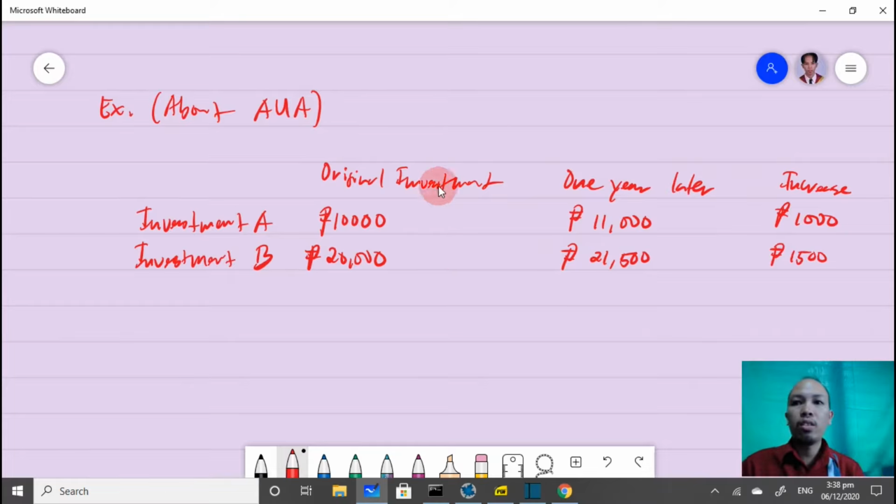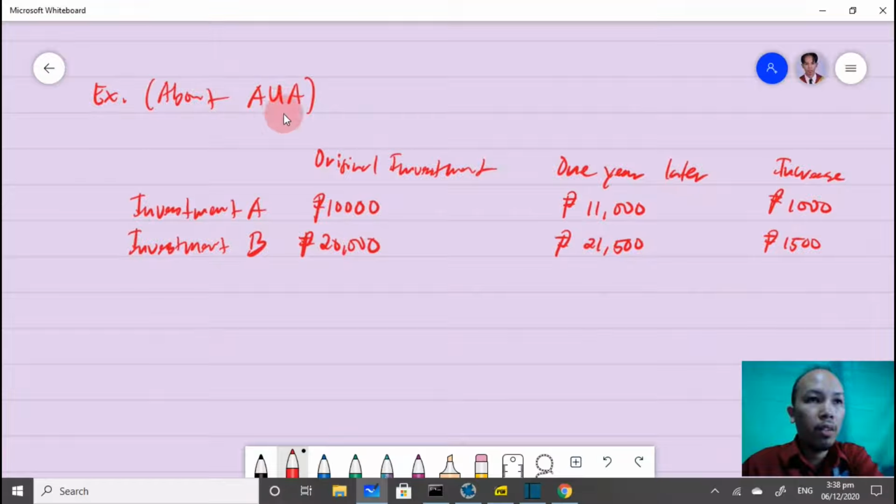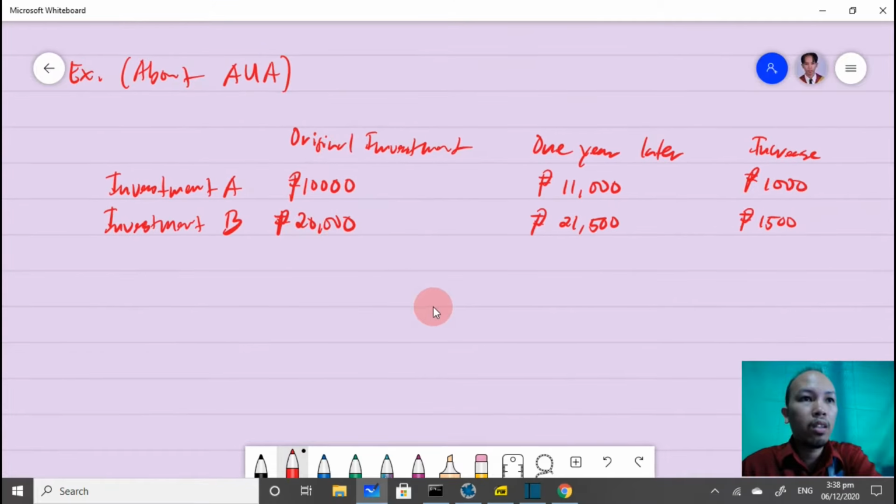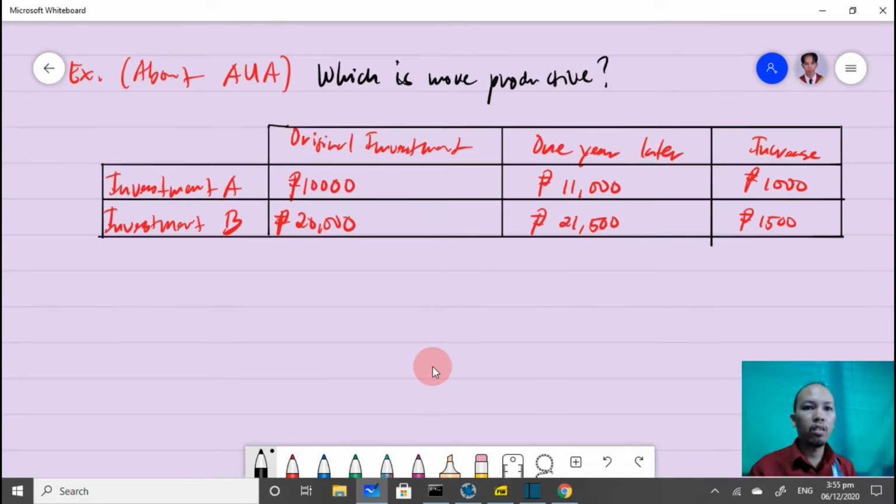Okay, so if you are going to use the average, the absolute unfairness of apportionment, let's calculate here, for example. Just wait, I'm going to put a line here. Okay, I already made a table, put already a line here.